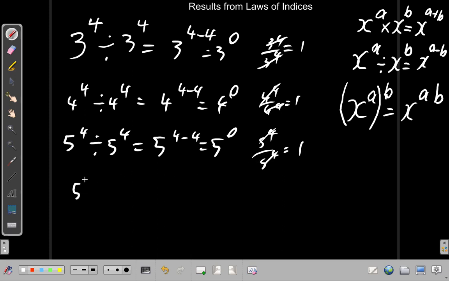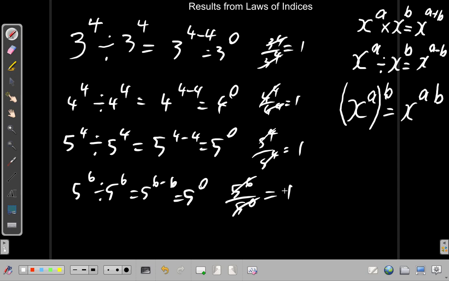Even if you have 5 raised to the 6 divided by 5 raised to the 6, this will be 5 to the 6 minus 6, which is 5 to the 0. 5 to the 6 over 5 to the 6 cancels itself, so it should be 1. We seem to be getting something done here.